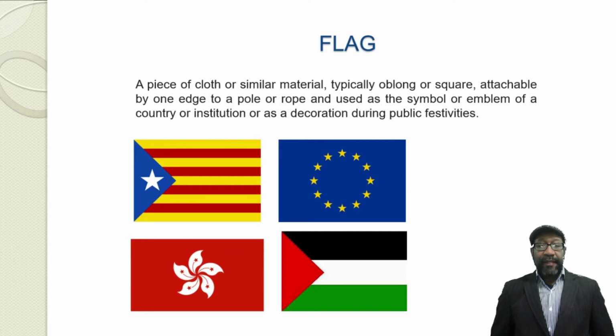Then below Catalonia's flag, we have this weird flag actually, and I don't know if you know, but this is the Hong Kong flag. Hong Kong is a very weird situation. It's not officially a country.